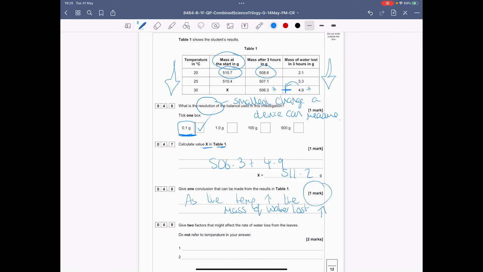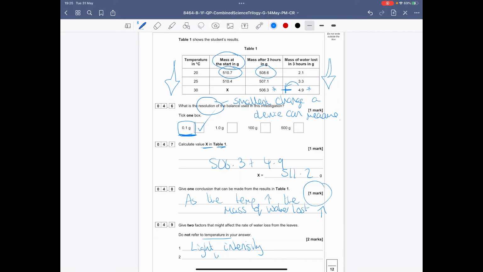Question 4.9 then. Give 2 factors that might affect the rate of water loss from the leaves, but we can't talk about temperature. So what other things might cause a plant to lose more water? Well, it could just simply be, going back to the first practical, light intensity. If you have more light, it's going to lose more water.